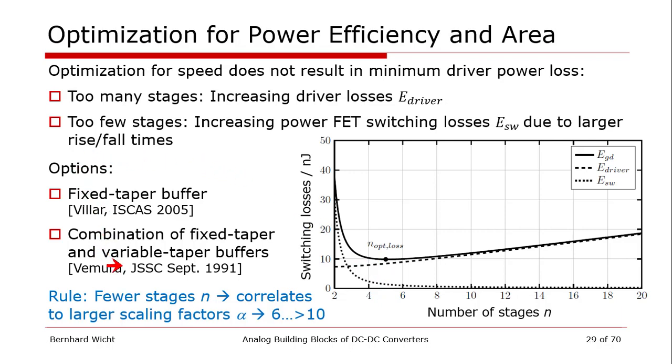I'm just highlighting 2 quite useful papers in that field if you want to look it up later on. The bottom line is quite simple. We don't want to use too many stages. So if you want to really get your power consumption for the driver to a minimum, don't use too many stages and rather increase the alpha. So that's the rule of thumb I'm summarizing here.